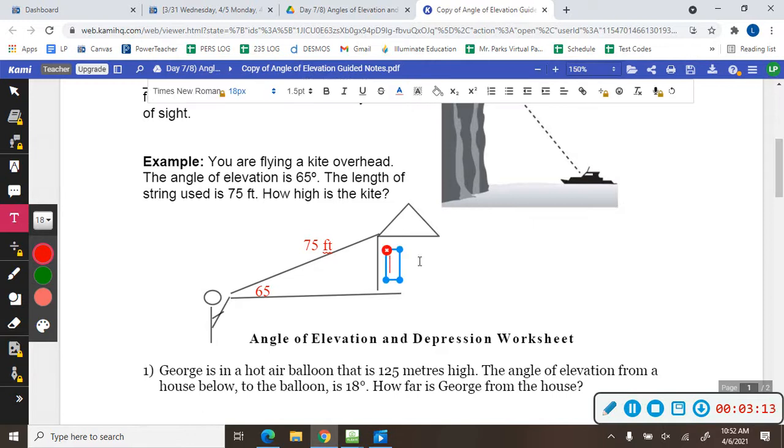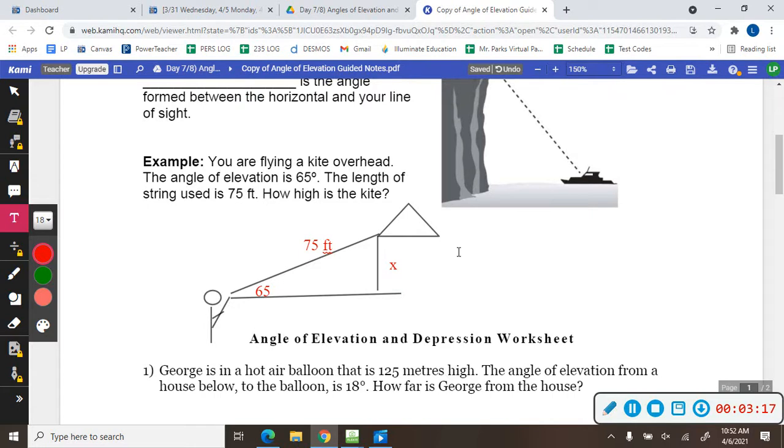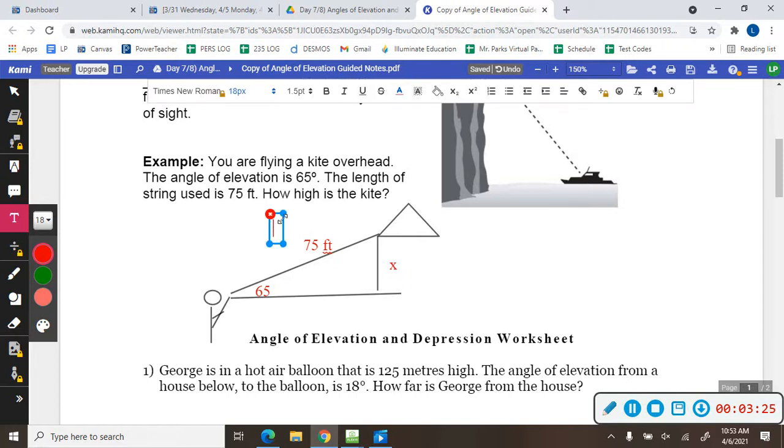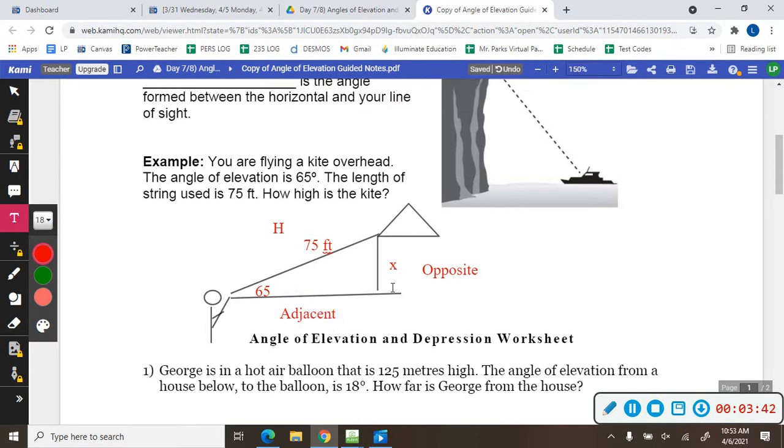So right here, they want to know how high the kite is. So I need to think, okay, this is 90 degrees right here. So this is going to be my hypotenuse. From this angle, since this is the only angle I know, this is going to be my opposite. And this is going to be my adjacent. So I need to think what trig ratio uses opposite, which is what I'm trying to find, with hypotenuse, which I know.